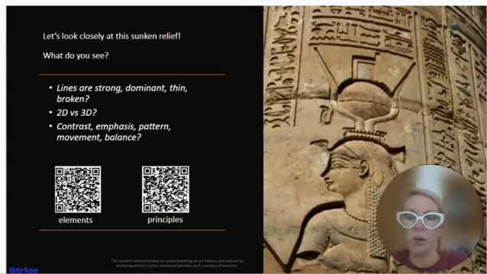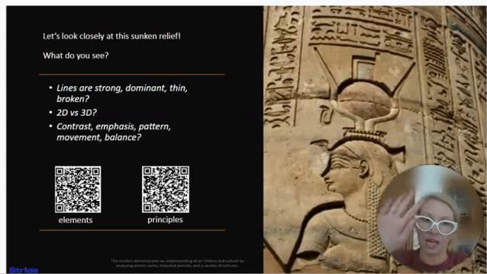So I want you to look at the sunken relief a little bit more. What do you think about it? Do you see strong dominant lines? Do you see thin or broken lines? Does this look like 2D or 3D to you? Does it look like you could touch it and feel what the pattern is that the artist made?